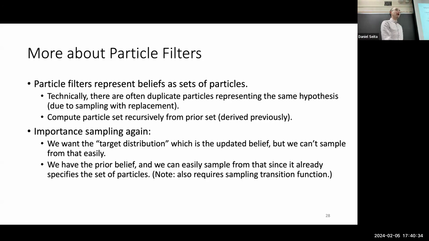But we have the prior belief, and the prior belief gives us the particles and how to sample from them. That's a distribution that's easier to sample from. So we use that and then a weighting term to make it equal to the next belief.